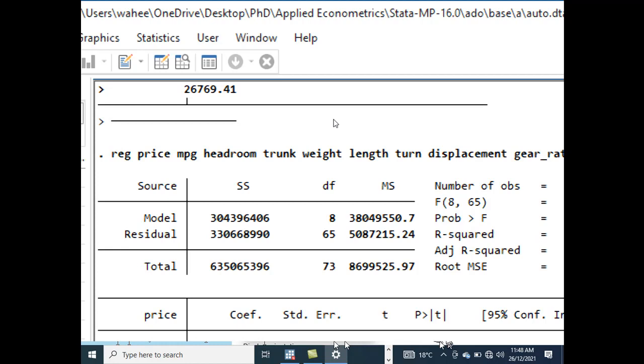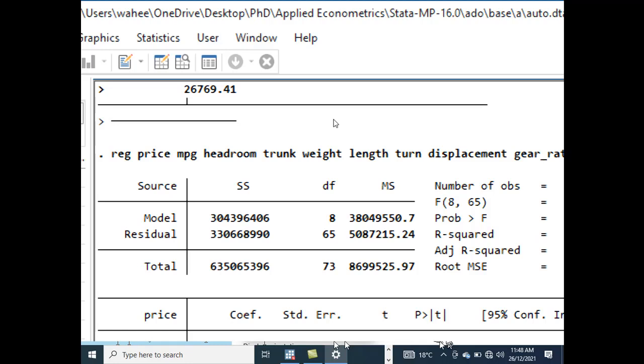How much is the contribution of the included explanatory variables towards explaining the nature of the dependent variable? This number is telling you that. To make it easy for interpretation, you would always multiply it by 100.